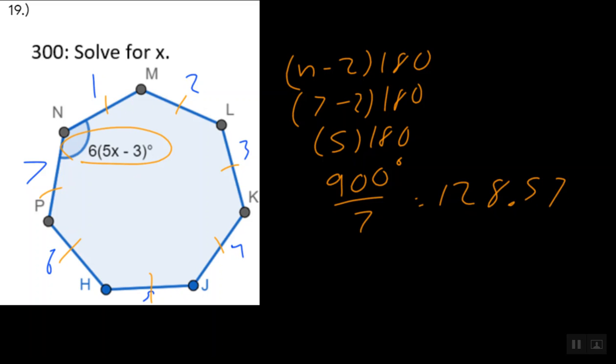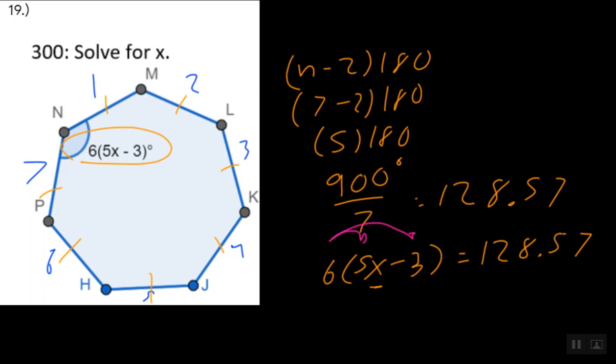We can now take that angle, 6 parentheses 5x minus 3, and set it equal to 128.57. And once you solve for x, you'll have the answer. Don't forget, you're going to have to distribute that 6 to both of those. Alright, let's move on.